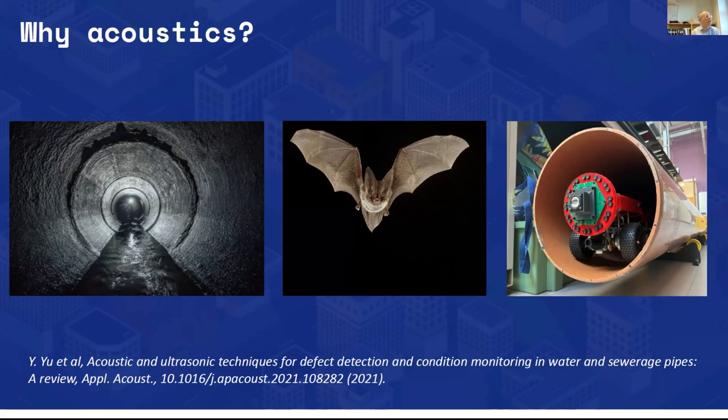So you can see on the left a sewer pipe with some water in the bottom of it. The reflections that you get reflect what's actually in the pipe. So you get reflections from the roughness on the water surface, reflections from the joints, and also reflections from defects within the pipe itself.